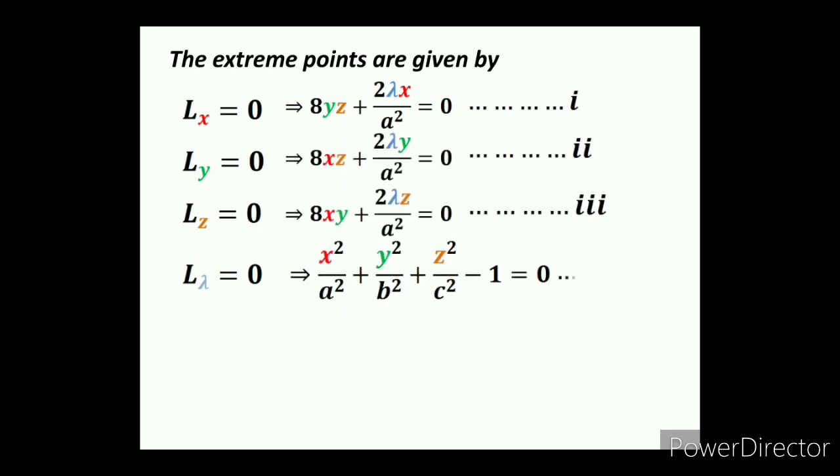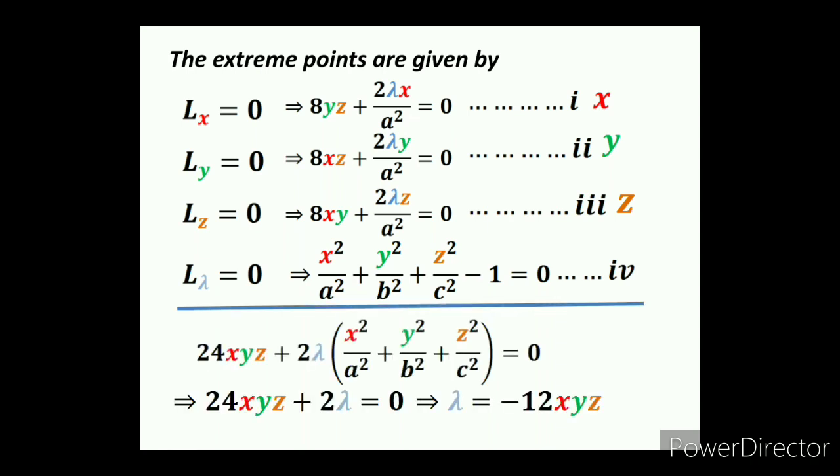Multiplying the first three equations by x, y and z respectively and then adding and using the fourth equation, we get λ = −12xyz.